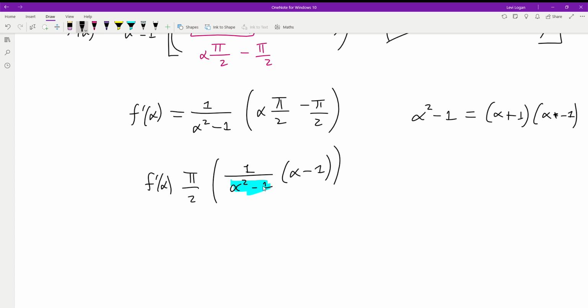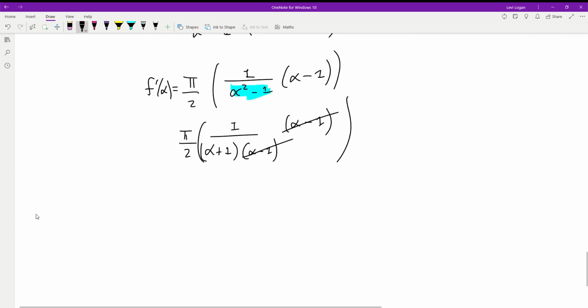So we can see we've got something in common there, so I have pi on 2, equal sign there, multiplied by 1 on alpha plus 1 multiplied by alpha minus 1 times by alpha minus 1, and we can see that cancels out really quickly. So all we get is f dash of alpha is pi on 2 multiplied by 1 on alpha plus 1.